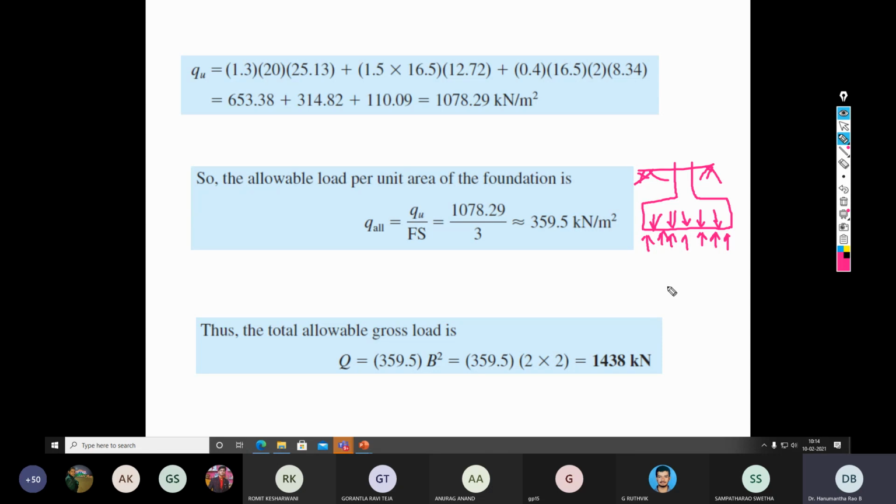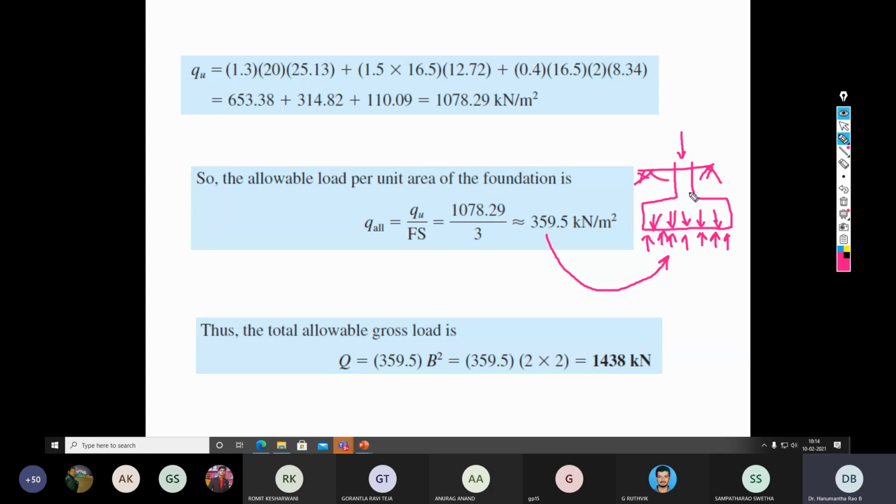What we calculated, this 359, indicates the load resistance offered by the soil. It is not equal to the load coming from the column. Remember always, what we are going to deal with is only the soil component, not the footing component.